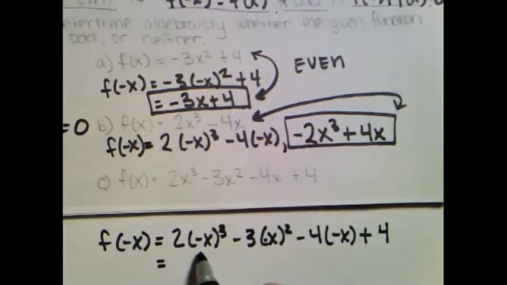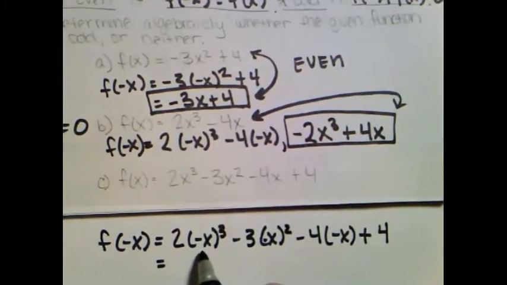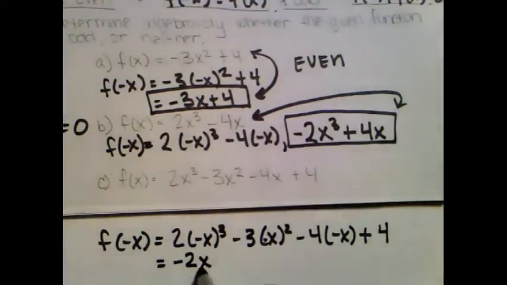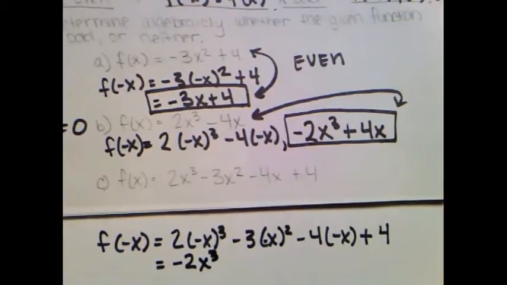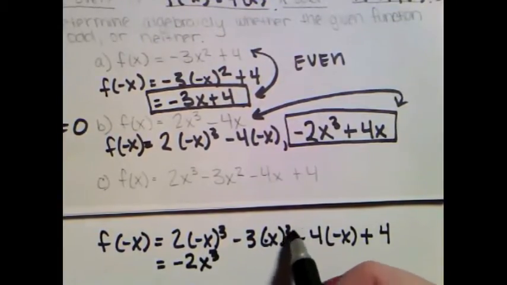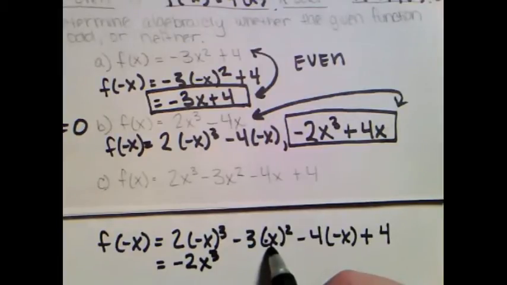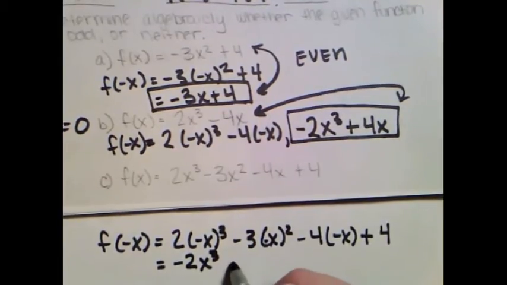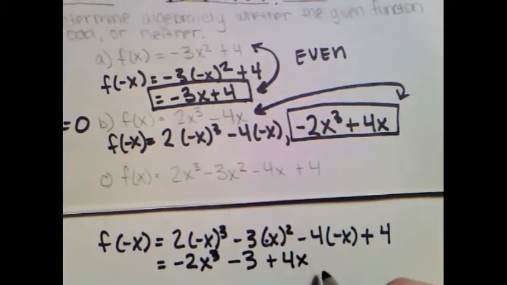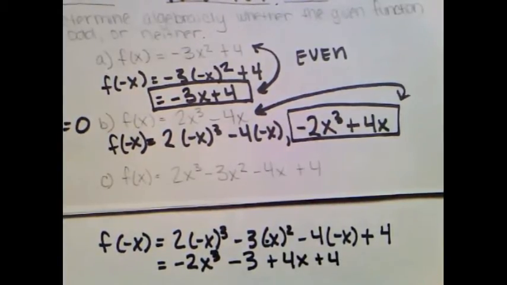We learned in the previous example that negative x to the third power is going to leave us with a negative x cubed. And 2 times that leaves us with negative 2x cubed. And then negative x squared gives us positive x squared, so this would be positive x squared times negative 3, leaves us with negative 3x squared. Negative 4 times negative x leaves us with 4x. And then bring down that positive 4.